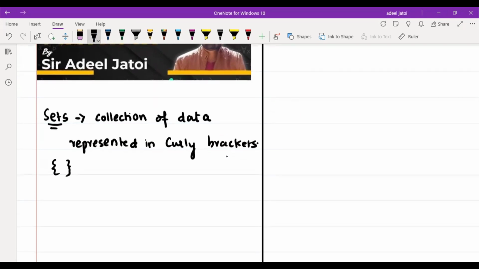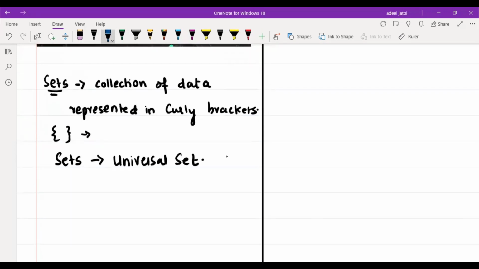Now, sets are always taken out from the universal set. Sets are basically taken out from the universal set.